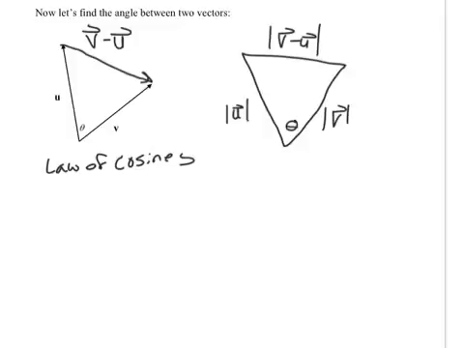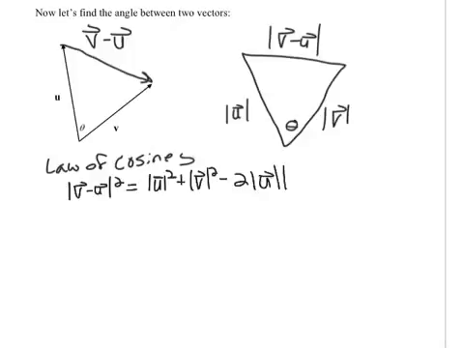So we're going to say the magnitude of v minus u squared is equal to the magnitude of u squared plus the magnitude of v squared minus 2 times the magnitude of u times the magnitude of v times the cosine of theta.